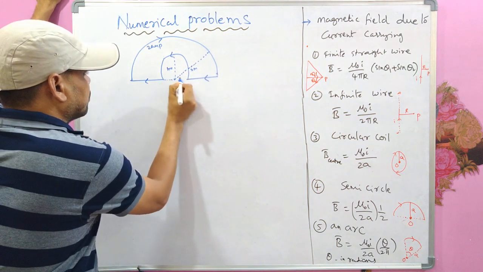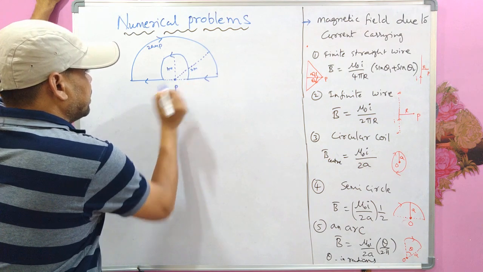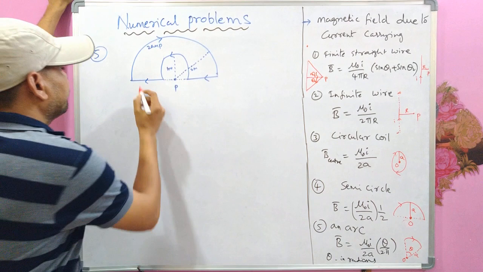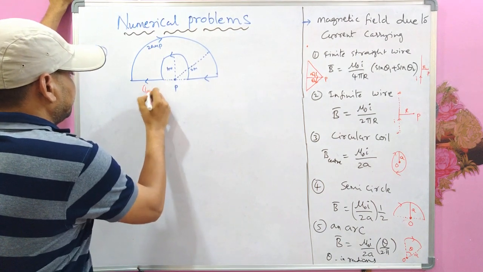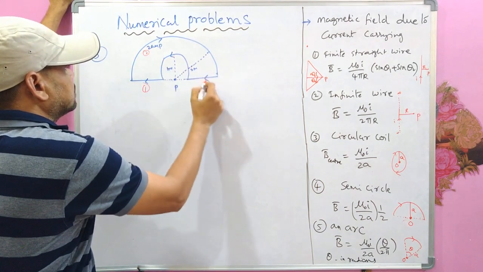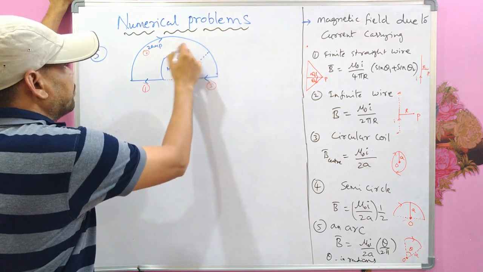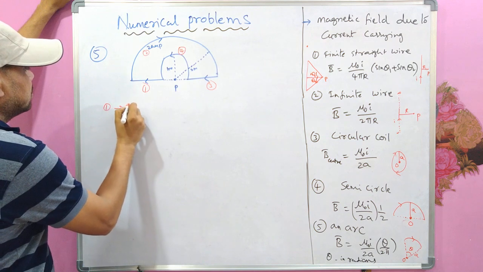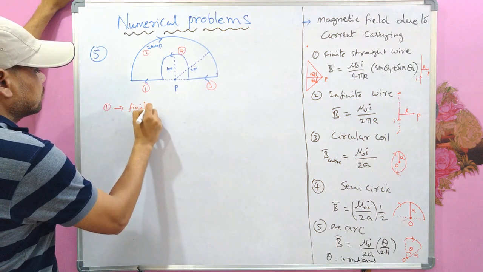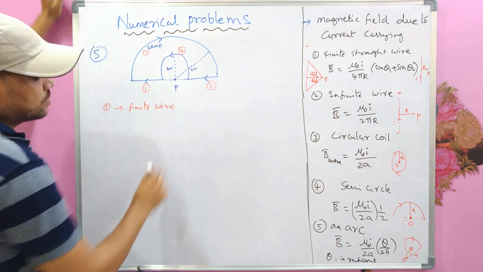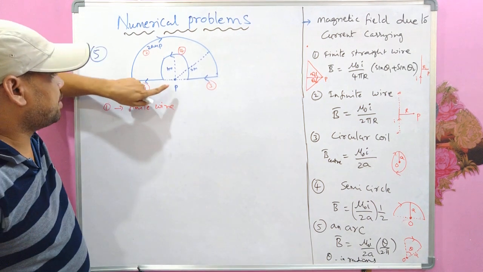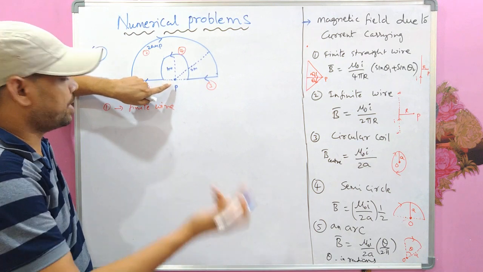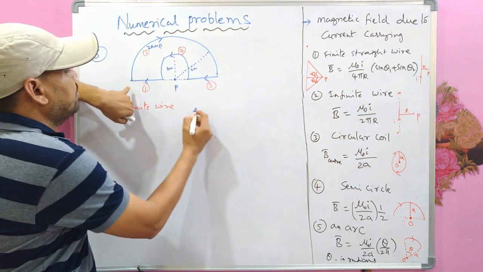Okay. So here I want the magnetic field. So for this again you have to divide these into components. This is 3, this is 4, and first one is finite wire, and the magnetic field where you are finding the point is on the line of it.